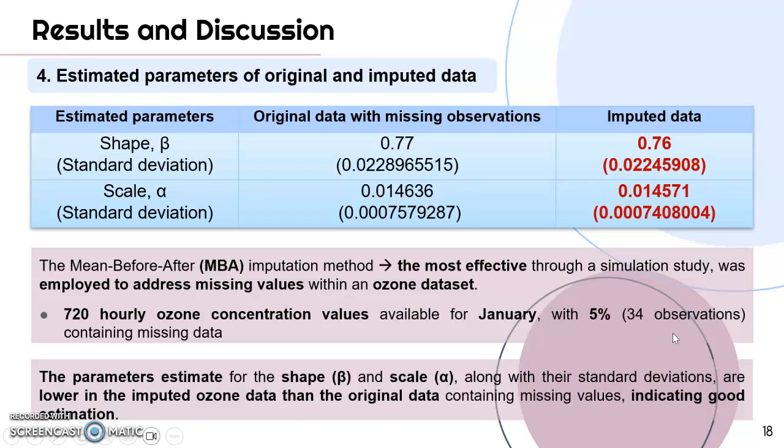As the result, the parameter estimates for the shape and scale along with the standard deviation are lower in the imputed ozone data than in the original data containing missing values, which indicates good estimation. We can see that the red one over here is less than this one.